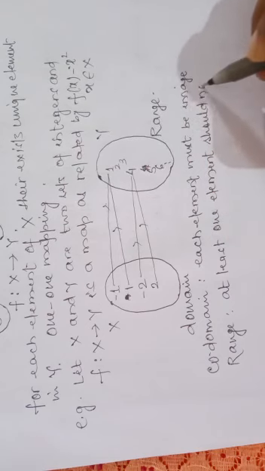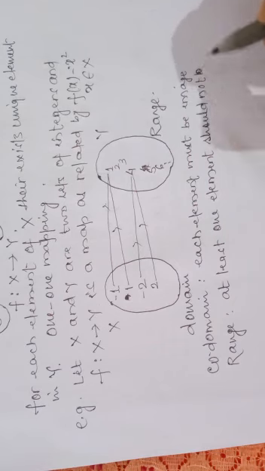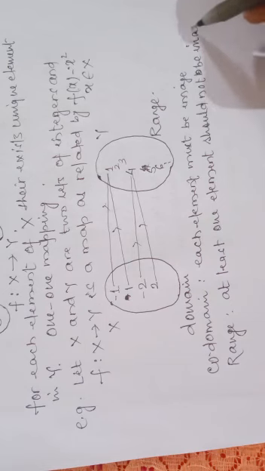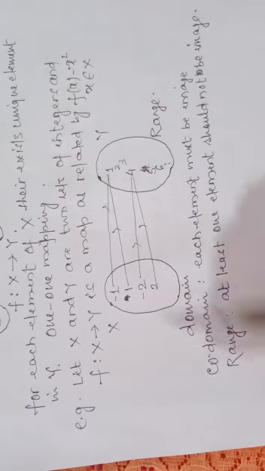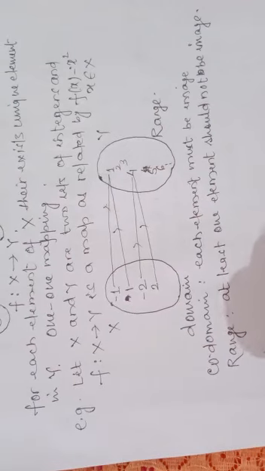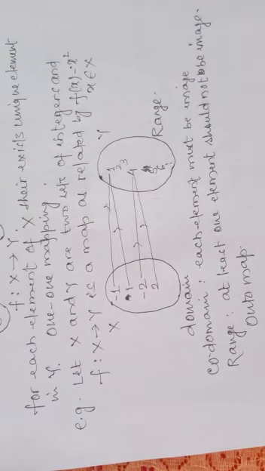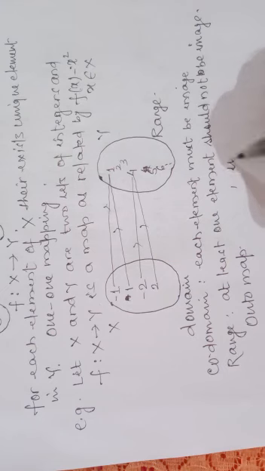So if each element is an image, then that map is called onto map, and if at least one element is not an image, this is called into map.